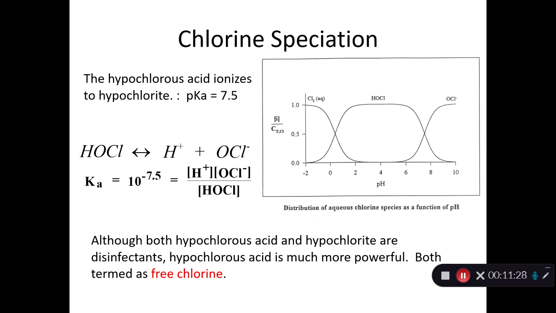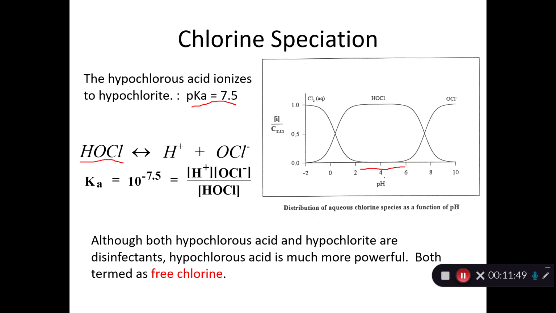So the pKa of hypochlorous acid is 7.5. And it turns out that although the hypochlorous acid and the hypochlorite are both good disinfectants, the acid is much more powerful. So the HOCl form is the more powerful form. And that's going to predominate here from a pH of about 2 to 6.